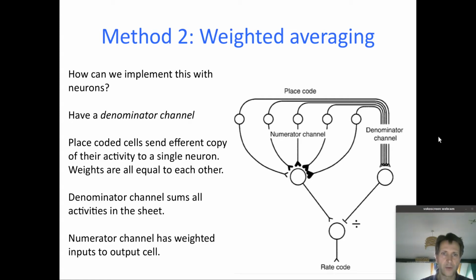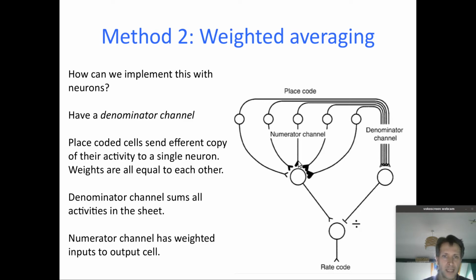Now we've got a slightly different kind of diagram, with our input layer of 5 neurons at the top, and our output neuron, which is generating our rate code, and our weighted connections through to it. There's an intermediate neuron here which is collecting up and doing the weighted summation.